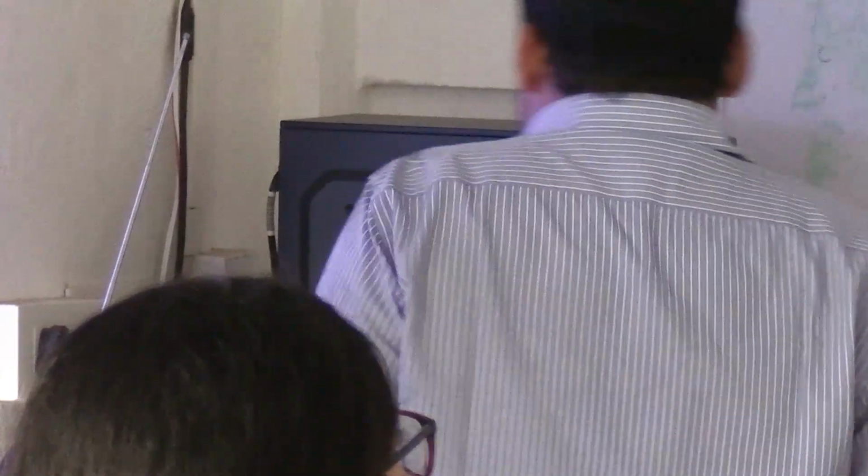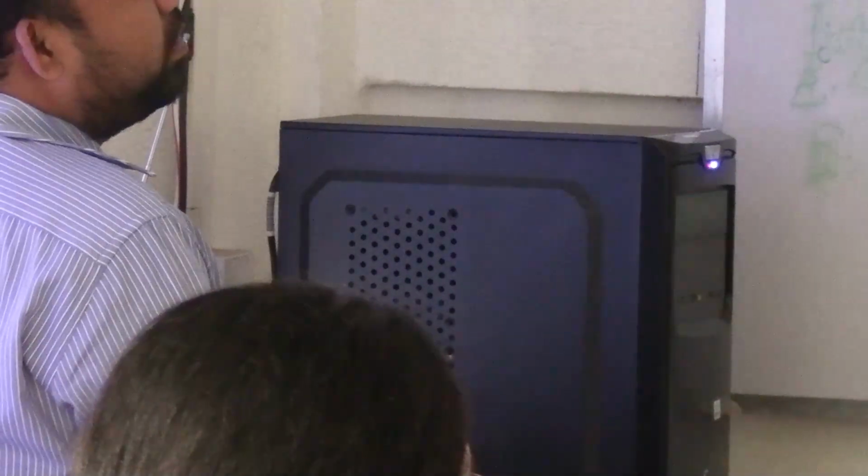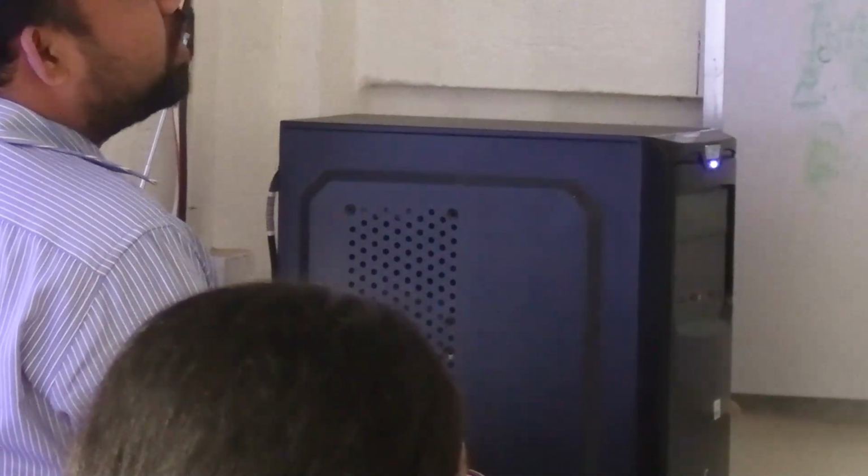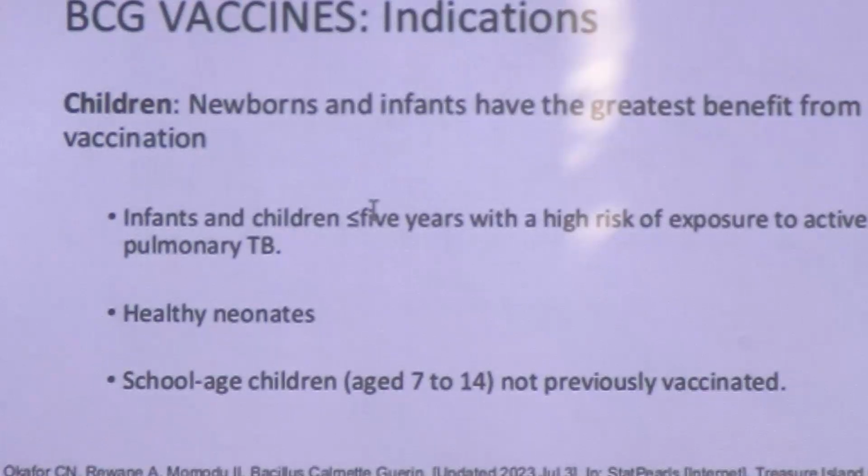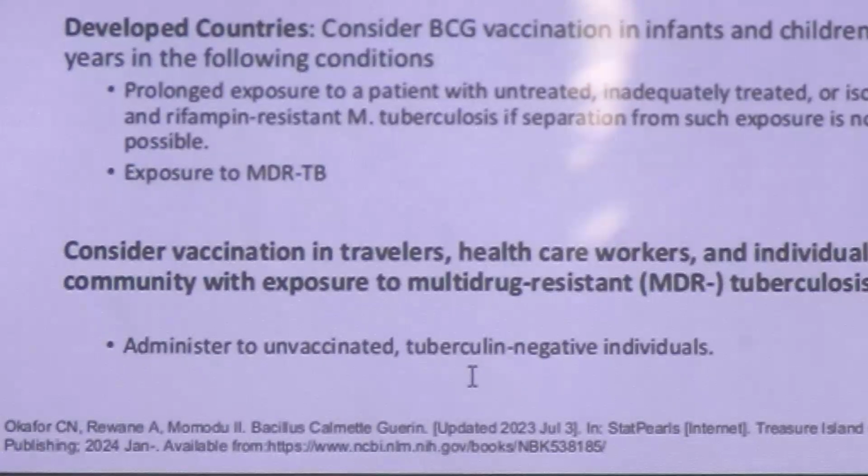Next important question is how to then vaccinate the child. So these are the indications. Newborns and infants get the greatest benefit of the BCG vaccination. In developed countries, BCG vaccination includes infants and children, and who else should obviously be vaccinated?